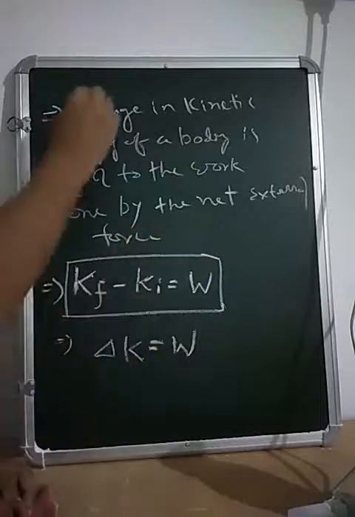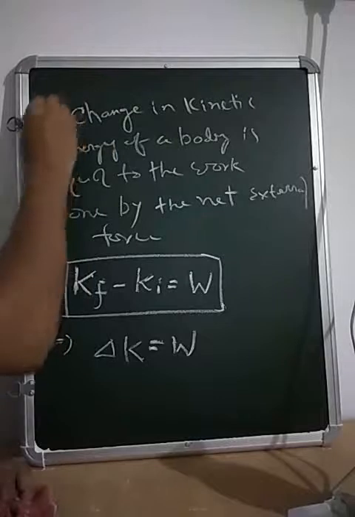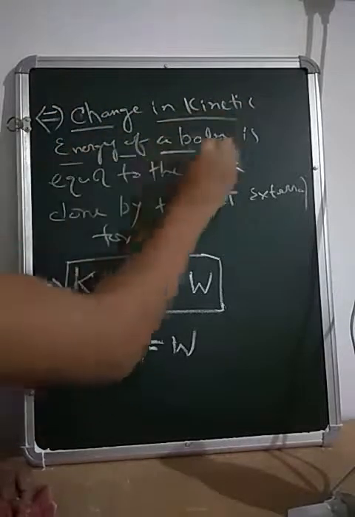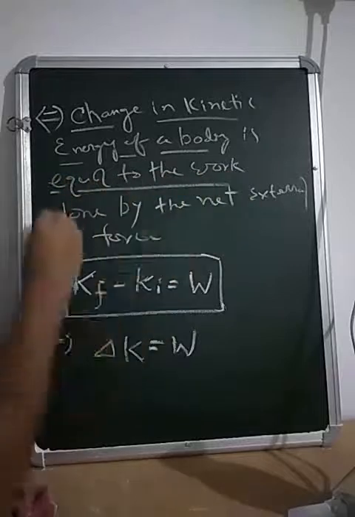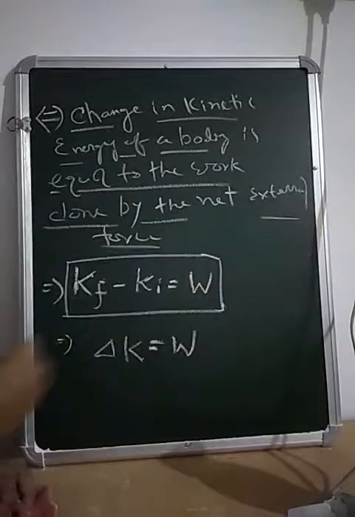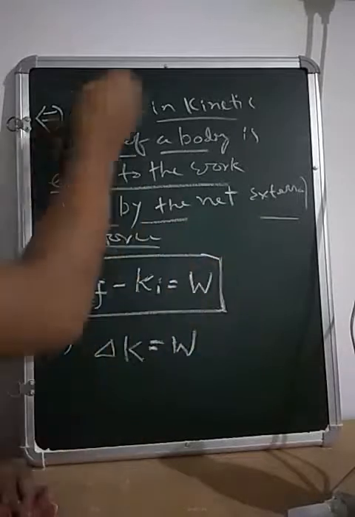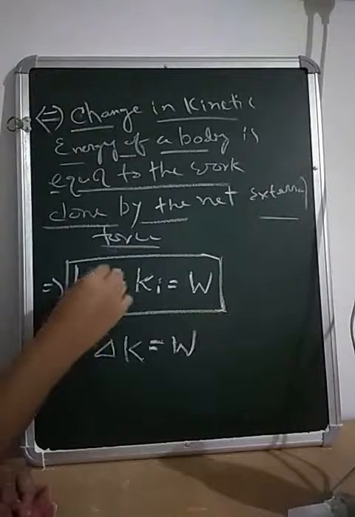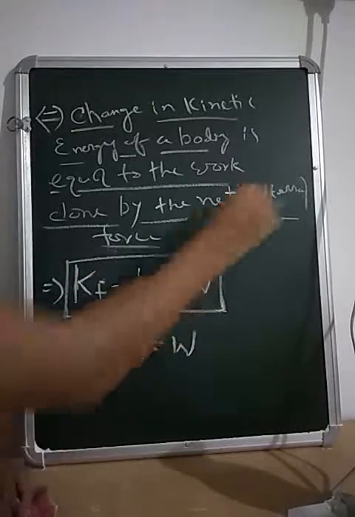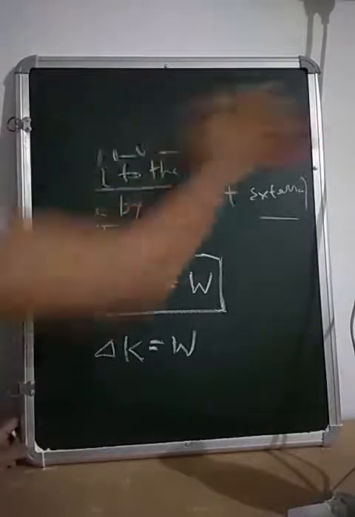So this is the work energy theorem. What is the statement of the theorem? The change in kinetic energy of a body is equal to the work done by the net external force. This is a mathematical expression of this statement. This is the work energy theorem, Newton's work energy theorem.